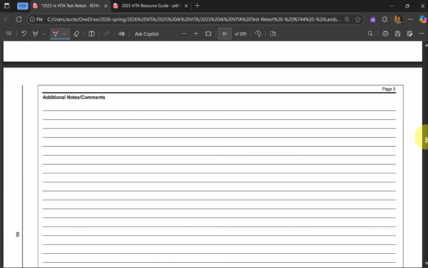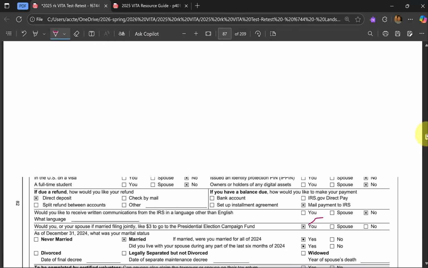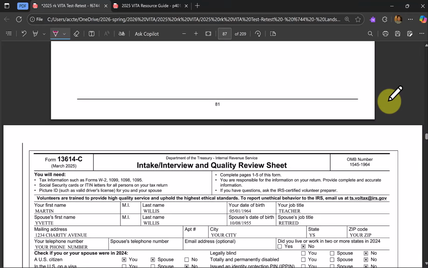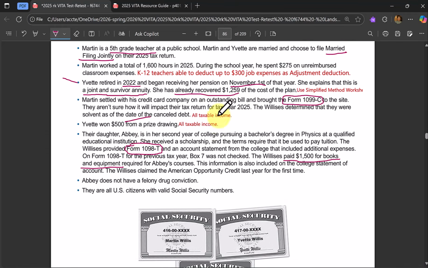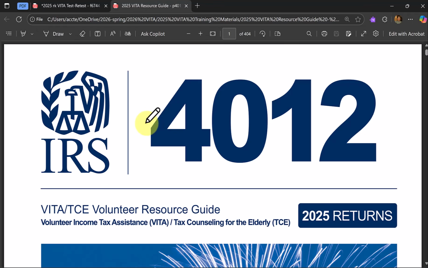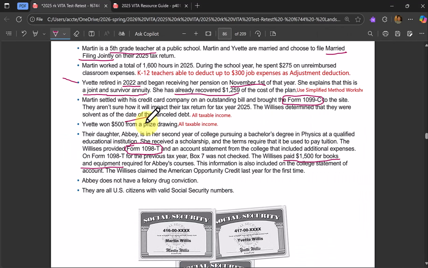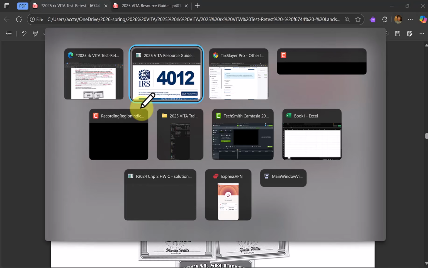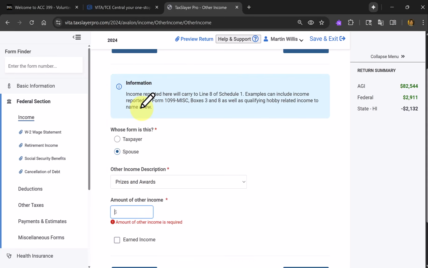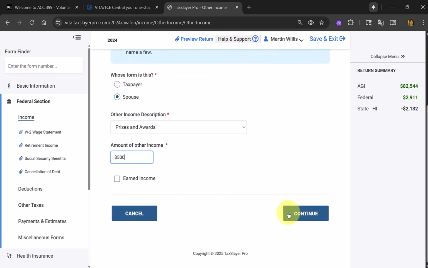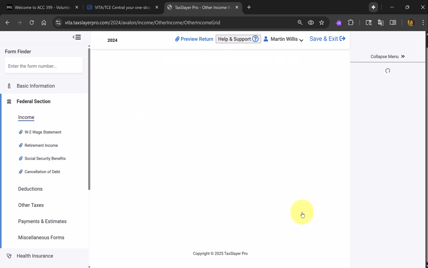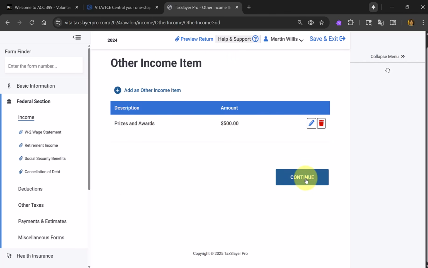There's no tax form. Okay, I already marked it off here. $500. No. What am I doing? 500. It's not work income. This word earn means you have to work, yeah? This is prizes, yeah? Continue. Continue.